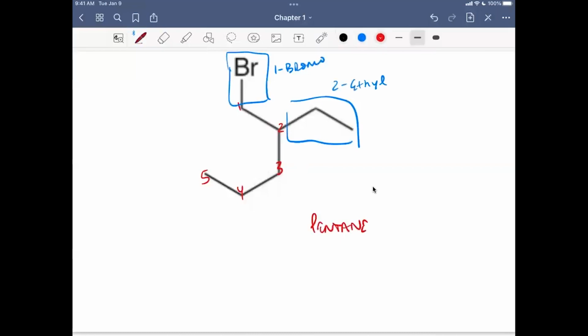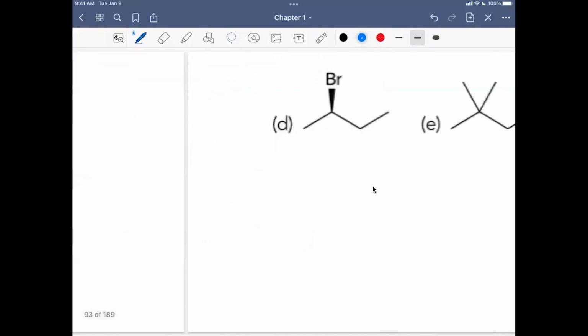So our final name is 1-bromo-2-ethylpentane. And that's the final name there. So you really have to remember to include this bromine, because as I was going through that, I was like, well, there's not a name that you can do where you have a substituent that's a methyl going into a bromine. So always remember to include those halogens.